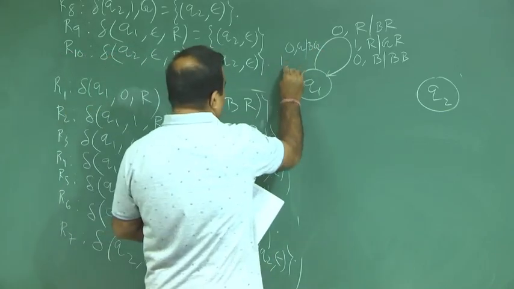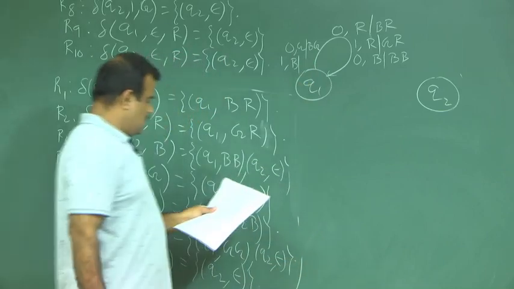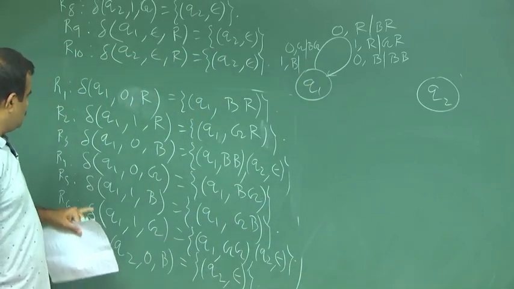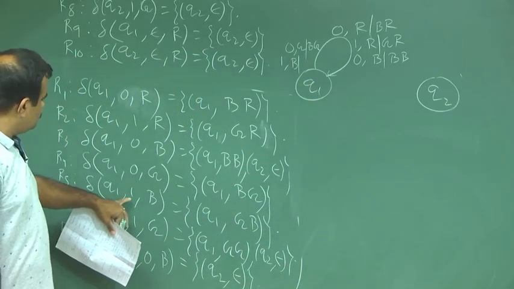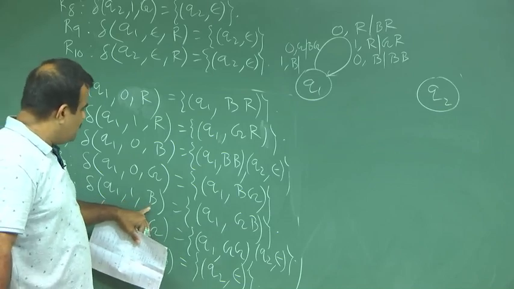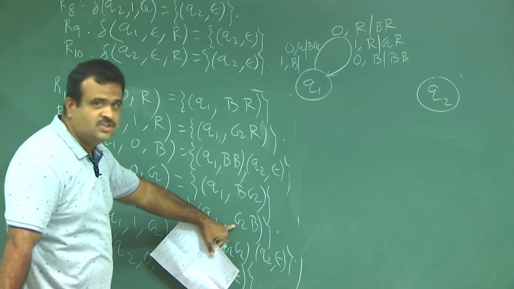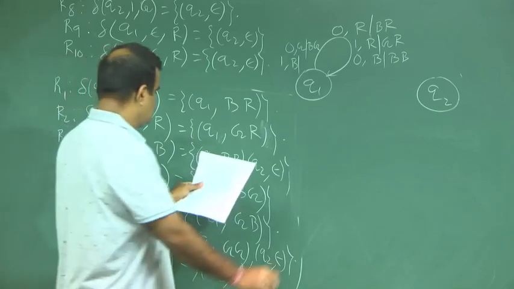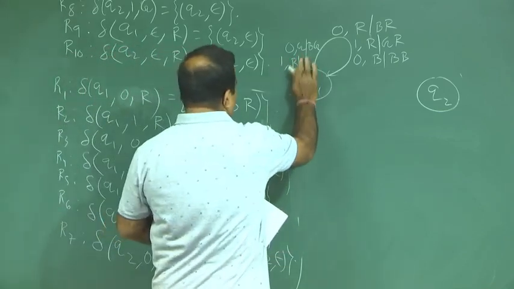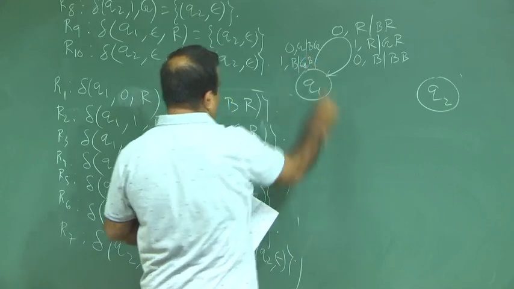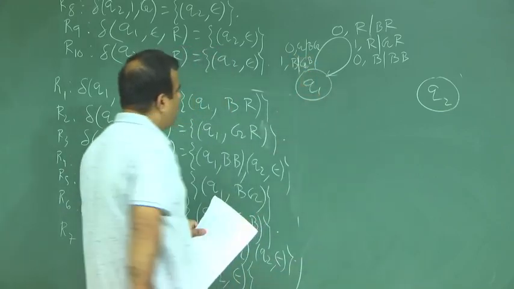And 1 B: if we are at Q1, if we see a 1 and the stack is B, it will remain at Q1, but the stack will be G B. Okay.